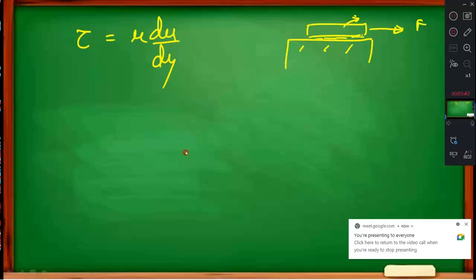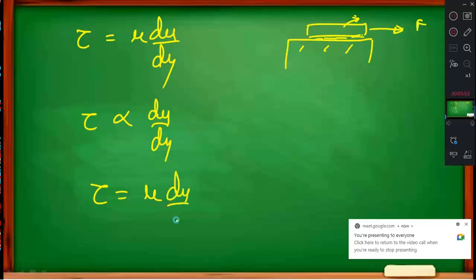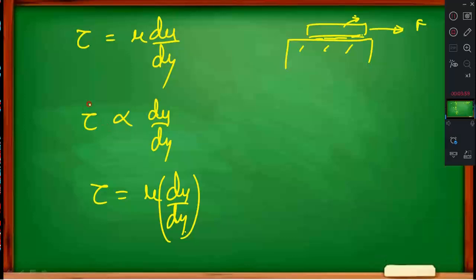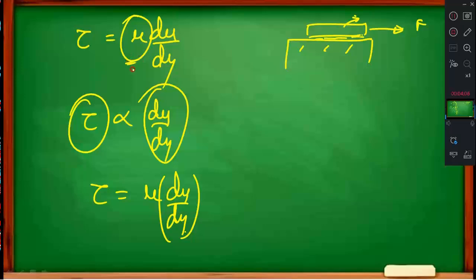Remains constant, because du by dy is directly proportional, and we took mu as a proportionality constant for this. An increase or decrease with respect to shear and shear strain, there is no comment on this mu. Therefore mu remains constant.